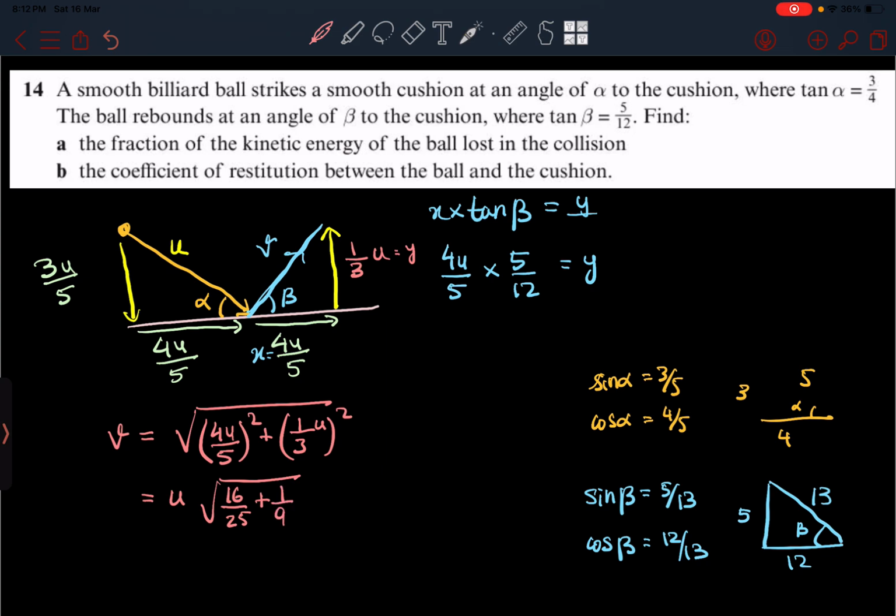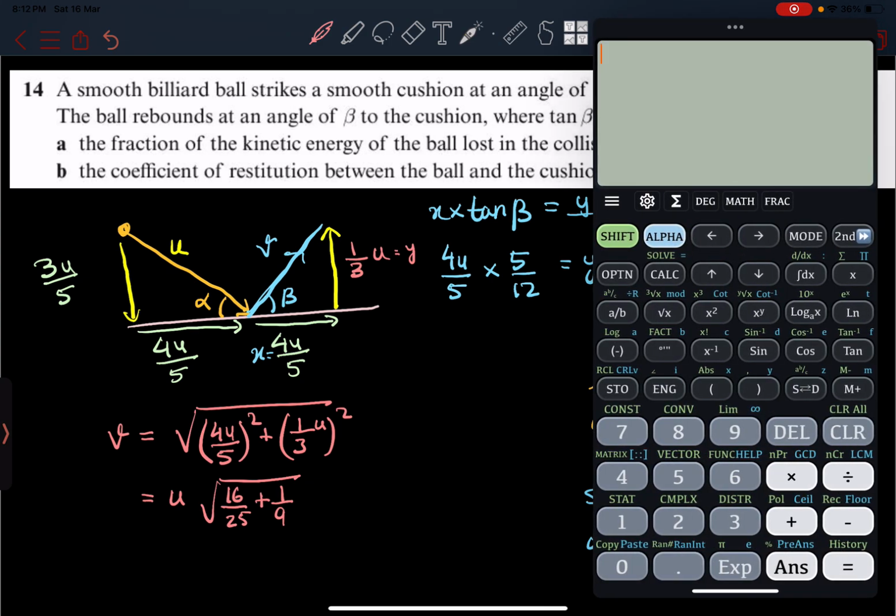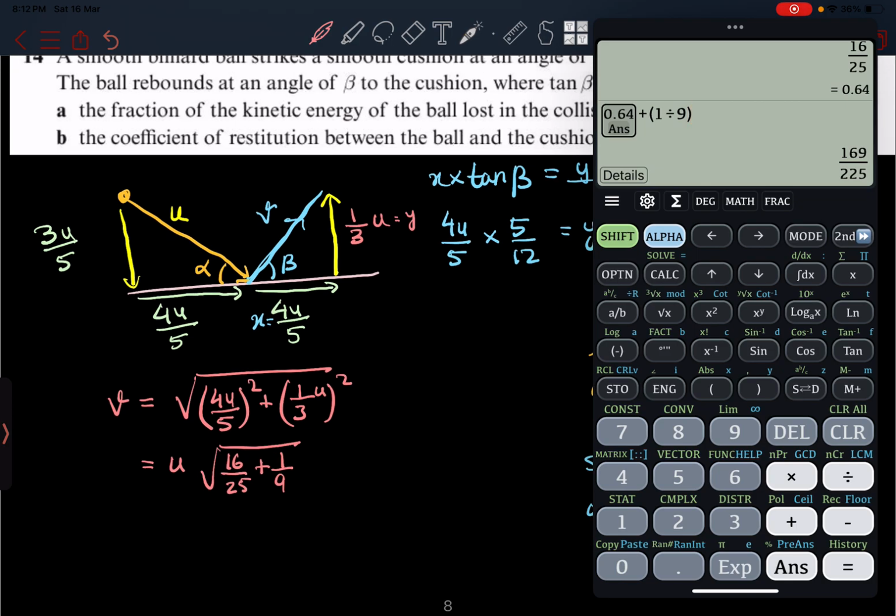So I can then say v is, what's 16 over 25 plus 1 over 9, oh, I should have used brackets, so that's 169 over 225. So I can say the new velocity is the square root of 169 over 225 times the initial velocity.